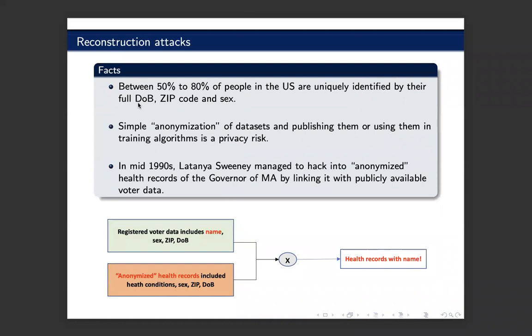So I don't know if everybody knows the background, but I just thought that maybe there are people online, so just to say a few things, this goes back to the mid 1990s. Unfortunately it is known that if we simply anonymize data sets, we can attack them very easily by linking the anonymous version of the data set released to the public with some other health records of the same people.